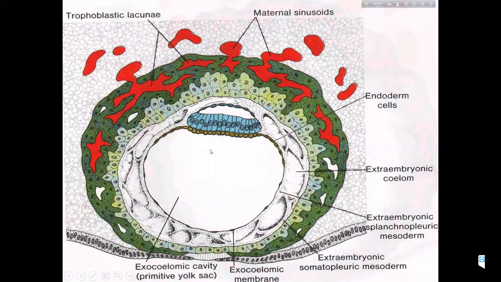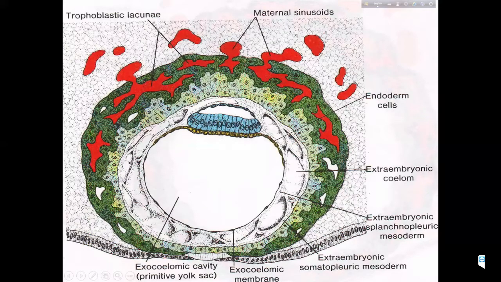I told you the blastocystic cavity, when covered by the exocoelomic membrane secreted by the hypoblast, that is, the hypoblast secretes a membrane-like material which covers the entire blastocystic cavity, we call it an exocoelomic cavity. And here is the epiblast and amniotic cavity.